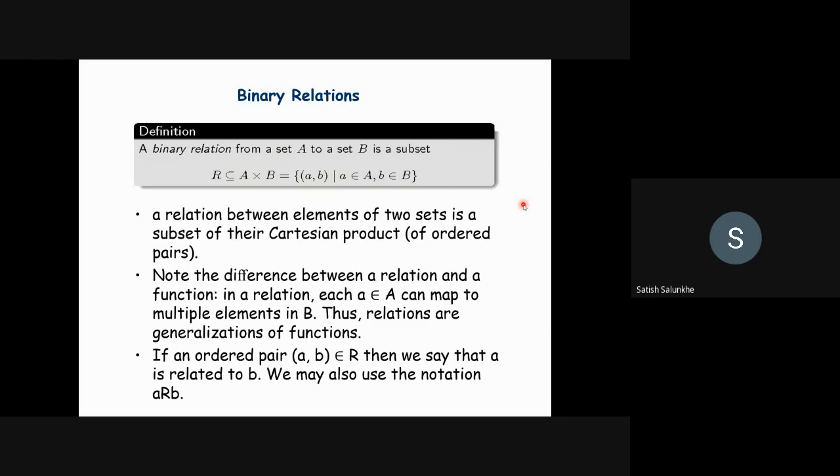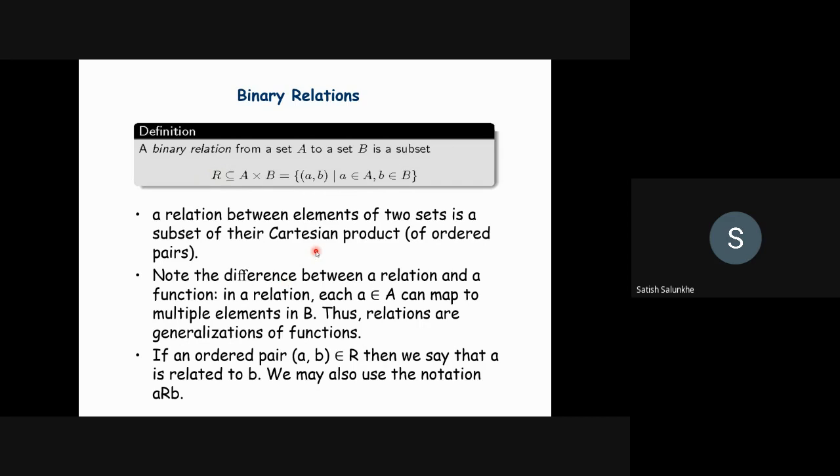And now if I mention a particular relation R from set A to set B, then whatever that relation R is, it is itself also a set containing ordered pairs (a, b) such that it satisfies that relationship R. And this relation R is always a subset of A cross B.